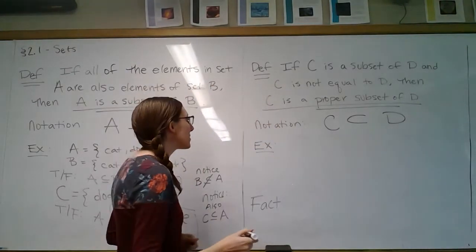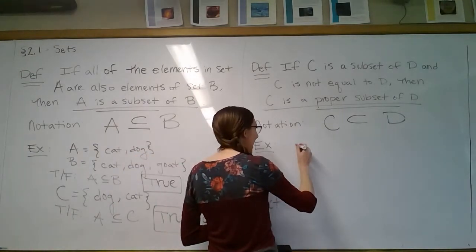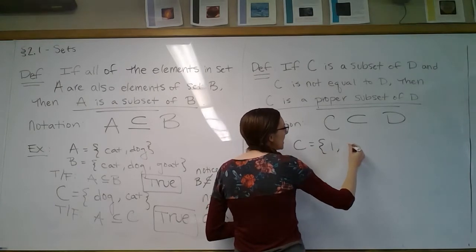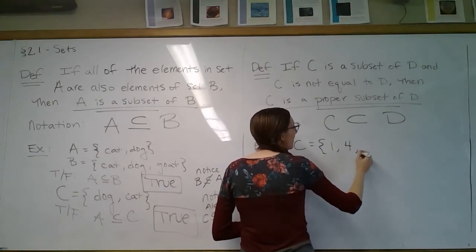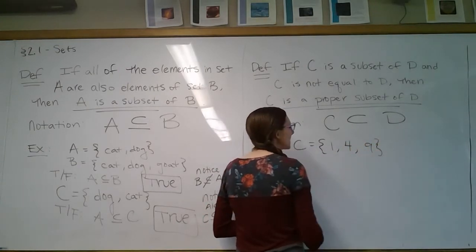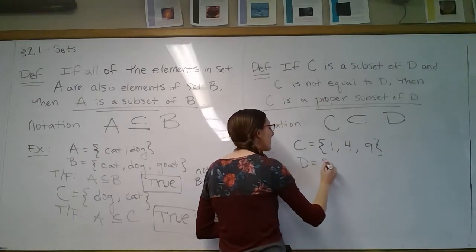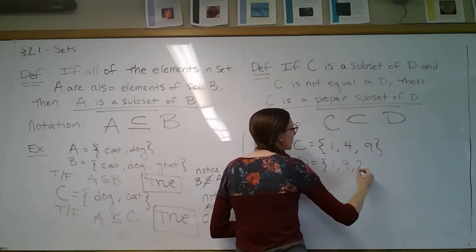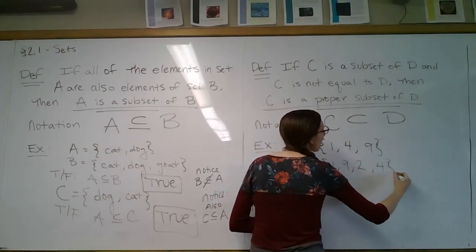Some examples we could look at: let's say that C is the set containing 1, 4, and 9, and let's say that D is the set containing 1, 9, 2, and 4.